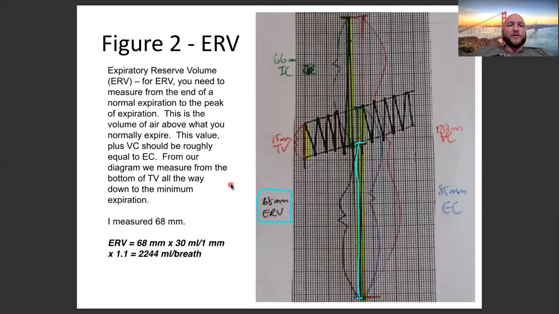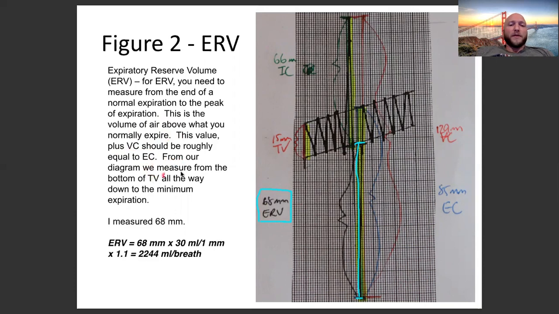For expiratory reserve volume, you need to measure from the end of a normal expiration to the peak of expiration. This is the volume of air above what you normally expire. This value plus RV, which we do assume is 1,000 milliliters, should be roughly equal to EC.